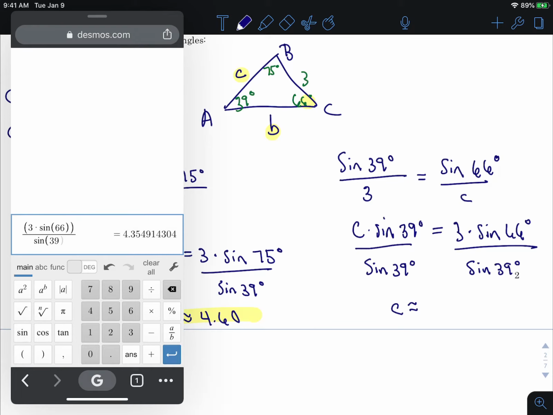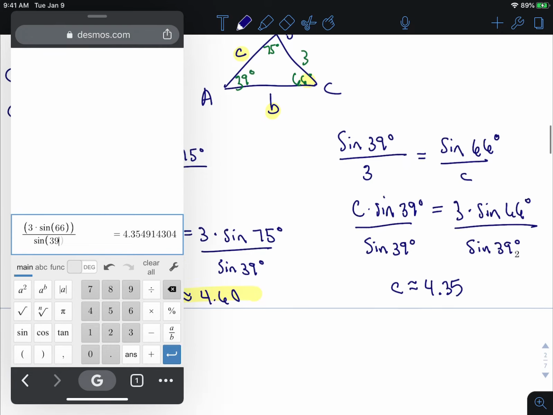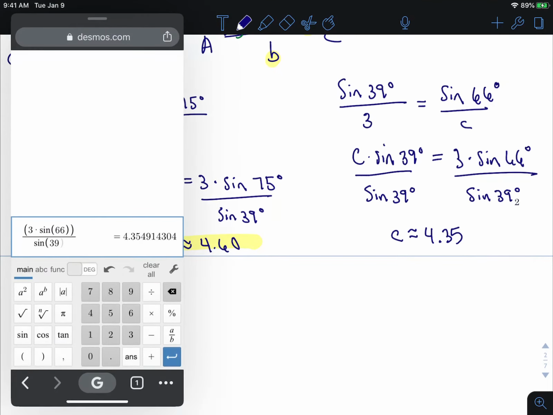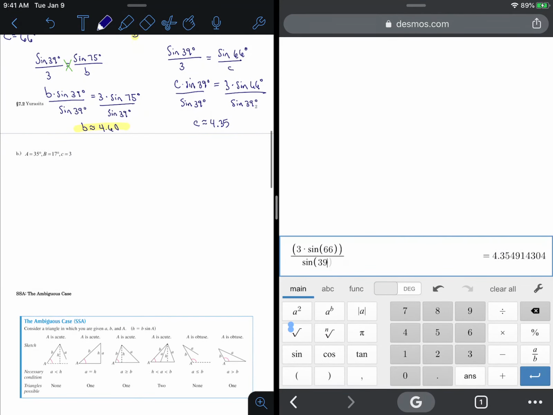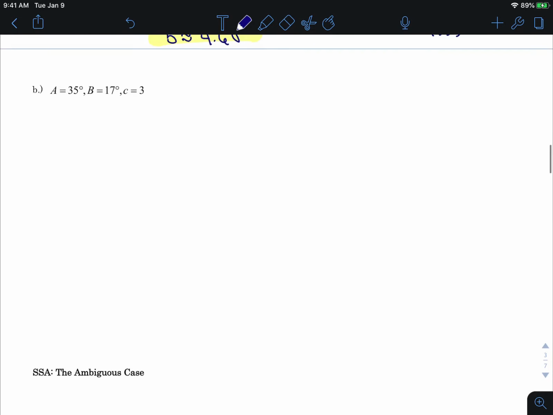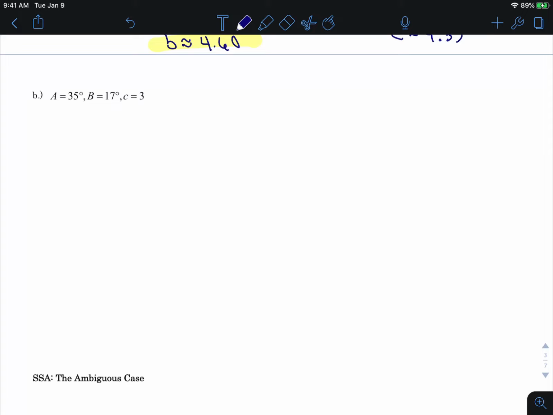Looks like we get about 4.35. All right. So hopefully that makes sense. And I'm going to go ahead and go to the next example. So I encourage you actually to try this on your own and then come back, okay, and just check your answers. But I'll keep going with it.